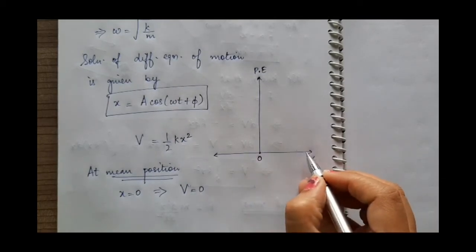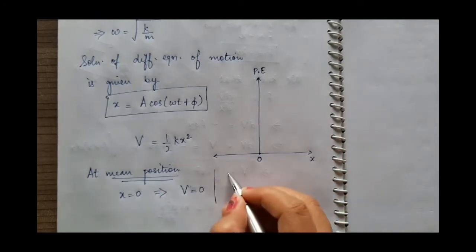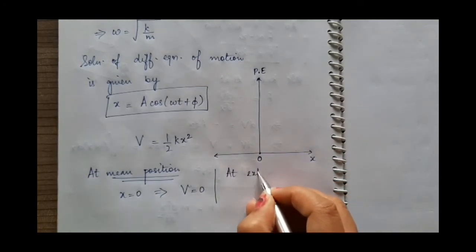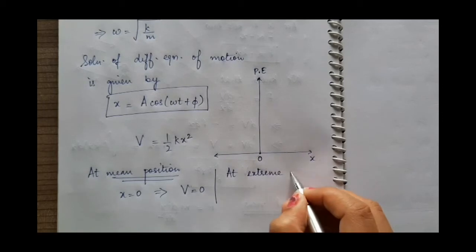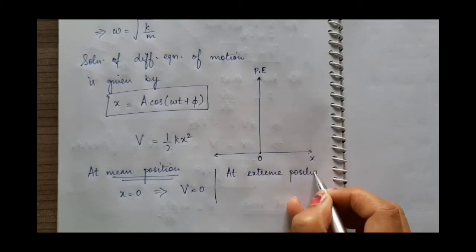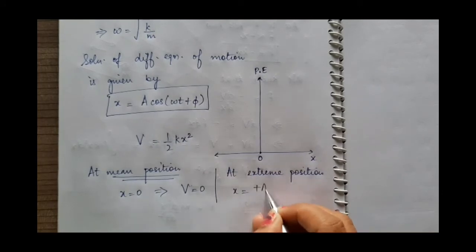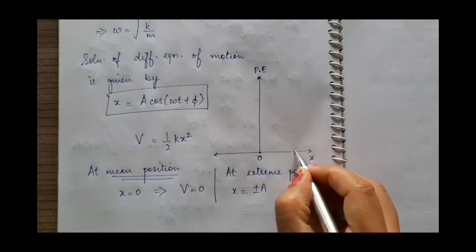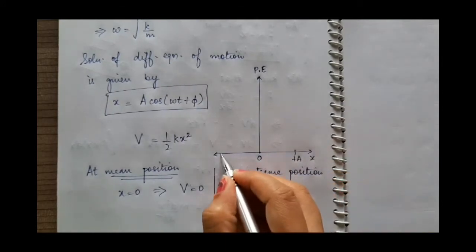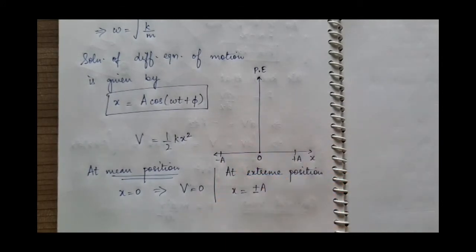And at the extreme position, what will be the displacement? The displacement will be maximum, equal to the amplitude. It can be plus A or minus A on either side of the mean position. Suppose on this side we have plus A and on this side we have minus A. Put this value.